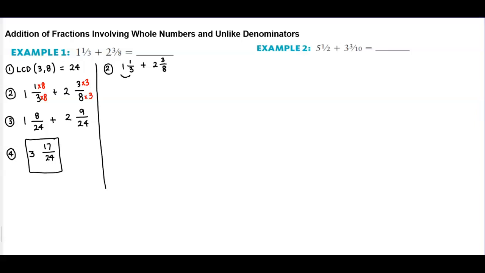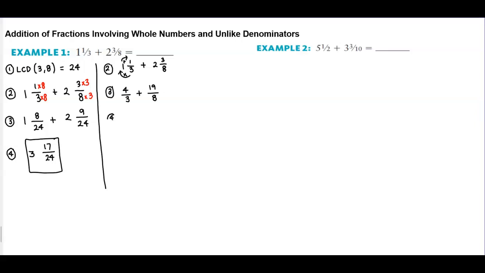Now we're going to convert them into improper fractions. So remember, this is times and this is plus. So 3 times 1 is 3 plus 1 is going to give us 4/3. Plus 8 times 2 is 16 plus 3 is going to give us 19 over 8.